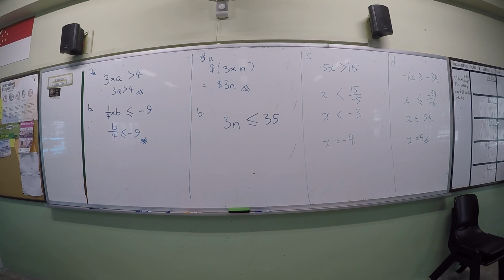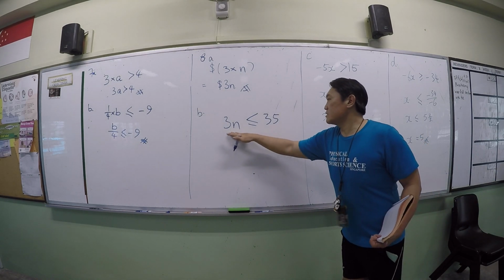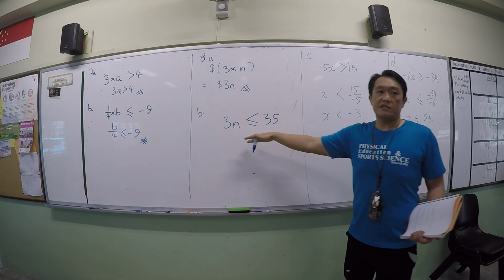I can spend any amount lesser up to 35. I can spend $1, $2, $20, $35. I cannot spend 36. I don't have 35 and 1 cent. The largest amount is 35.